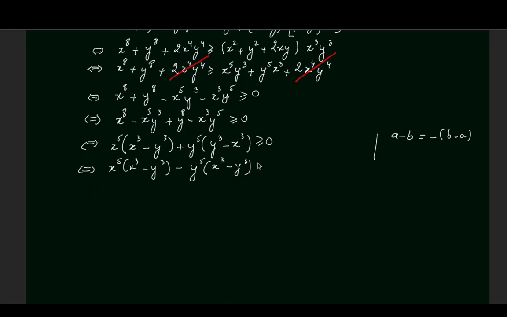And here we have a common factor, which is x cubed minus y cubed. So it's equivalent to (x cubed minus y cubed) times (x to the 5th minus y to the 5th) is greater than or equal to 0.